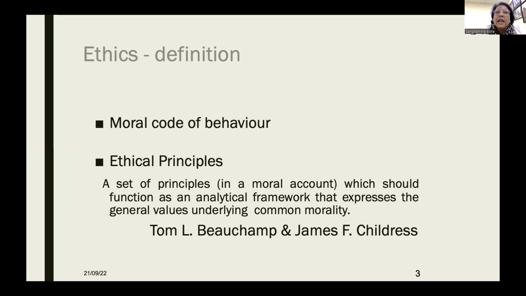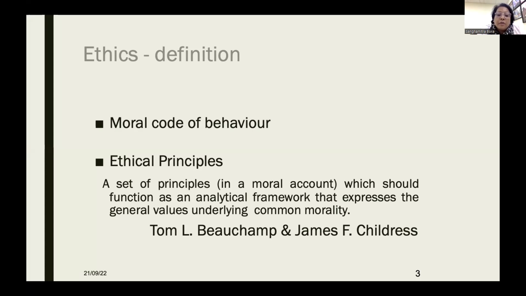So basically, ethics is a protective mechanism for ourselves to practice something that we have a license for, and at the same time, we need to be correct in all our actions towards a human being, because we are dealing with human beings and not machines.